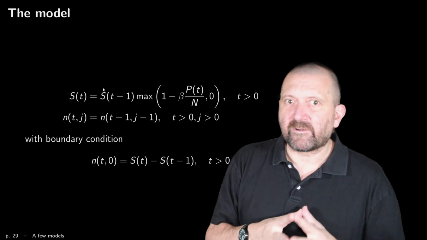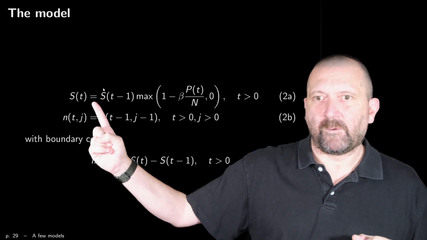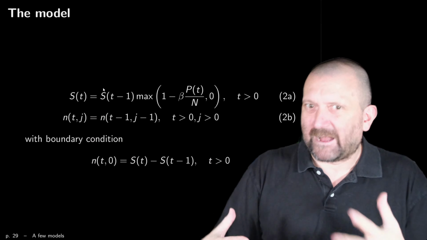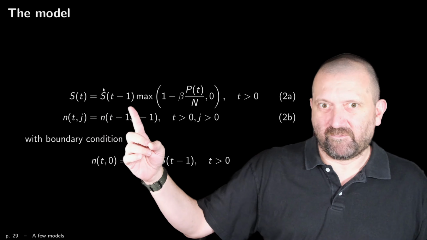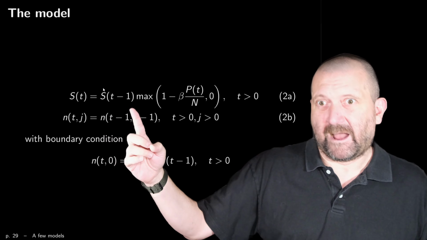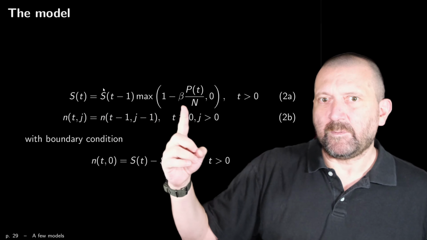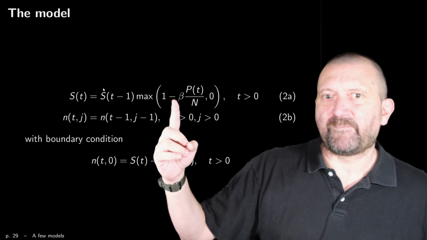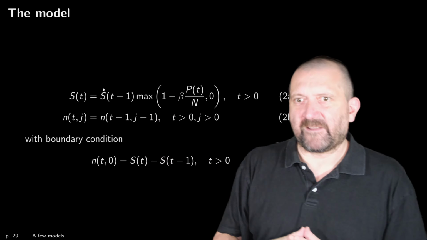And then the model looks something like this. The number of susceptible animals, the number of animals that aren't infected at that point, is the number of animals who were susceptible at the previous time step multiplied by the maximum of this number, 1 minus beta P of t over N, and 0. So why is that so?